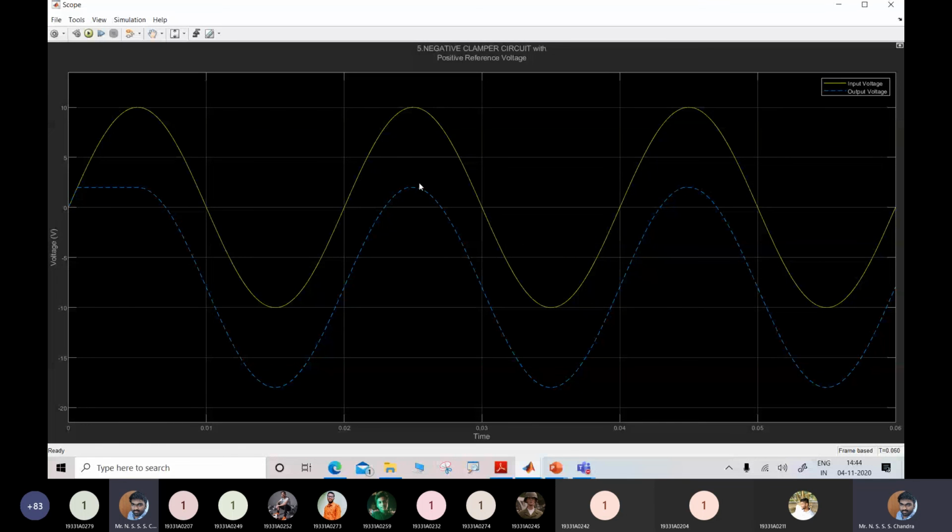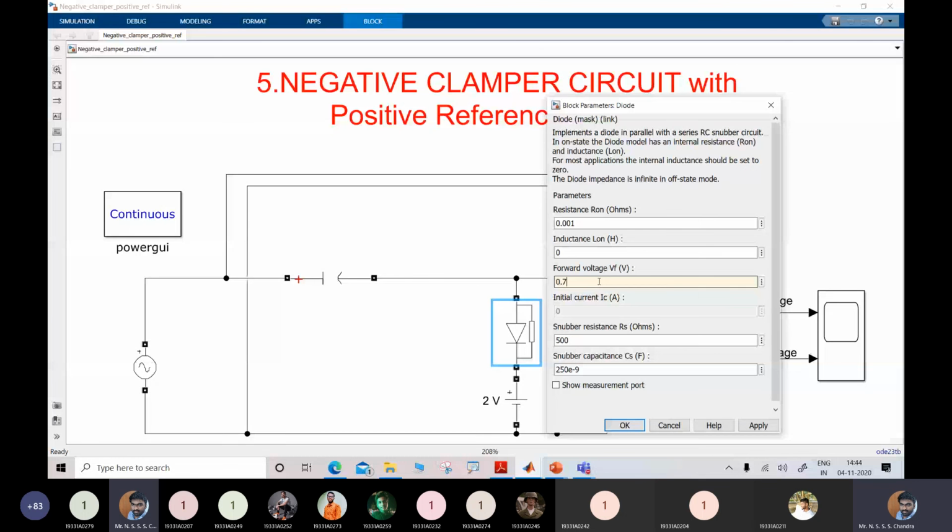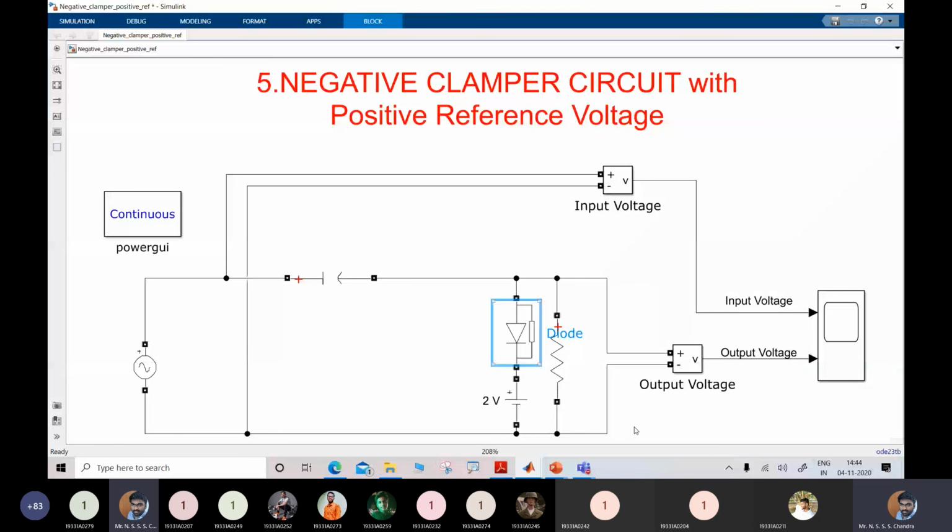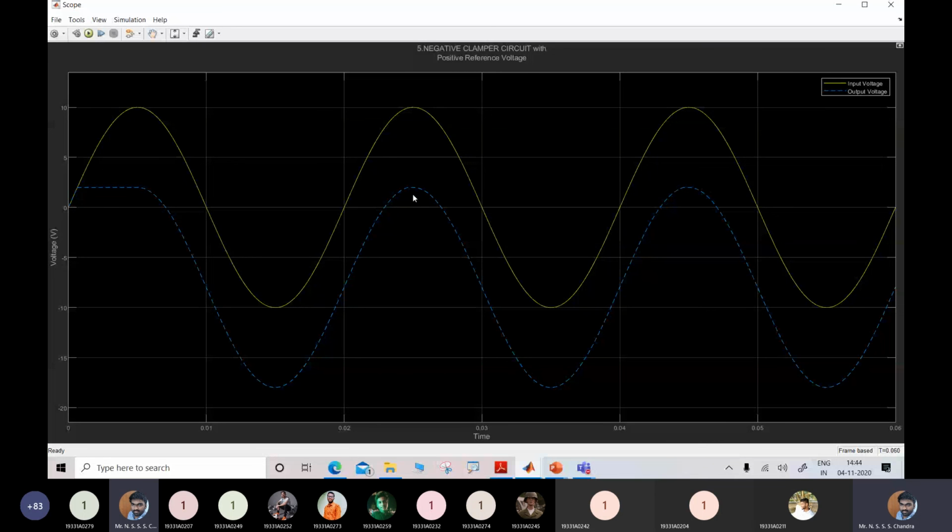In the practical condition it will be minus 8 plus 0.7, which is minus 7.3 volts. So it will further rise. The positive peak will be around 2.7 volts, slightly higher than this value.